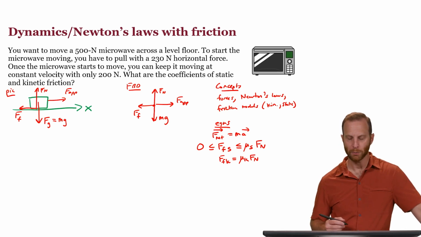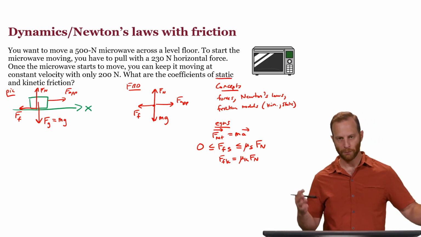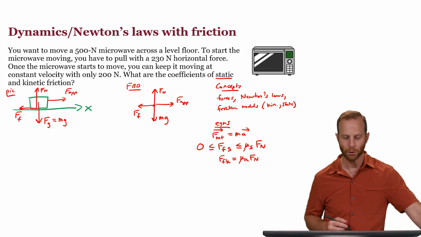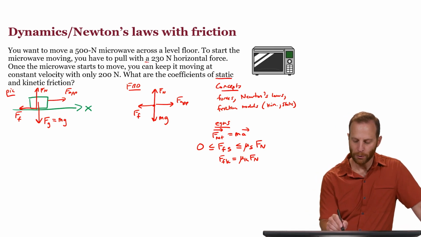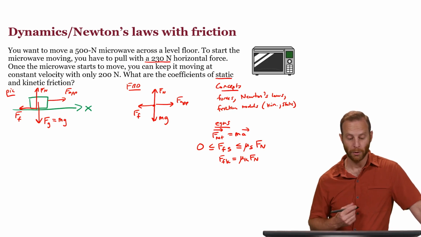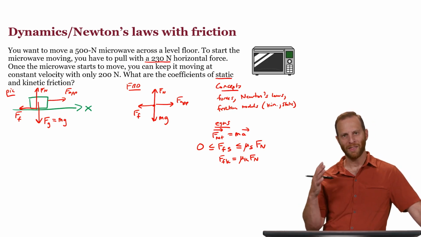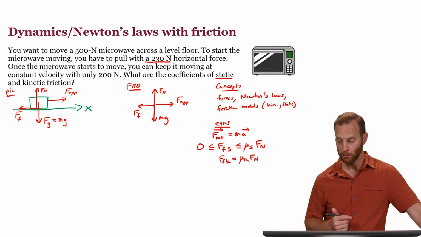In the first part of this problem, in order to figure out what the static coefficient of friction is, we're going to focus on the first piece of information we're given, which is that you have to pull with 230 newtons of horizontal force to start the microwave moving. In other words, that amount of force is the minimum required to get the object to move.